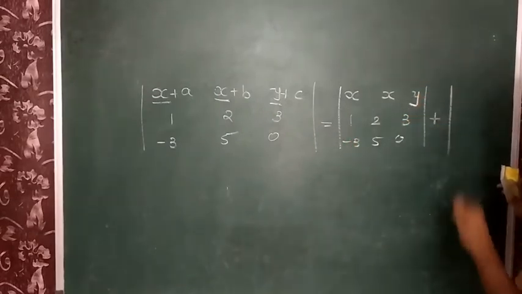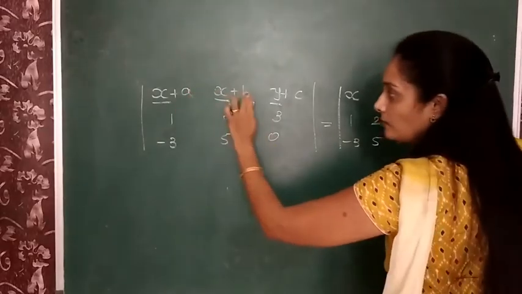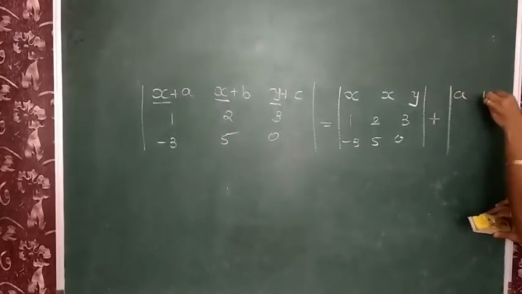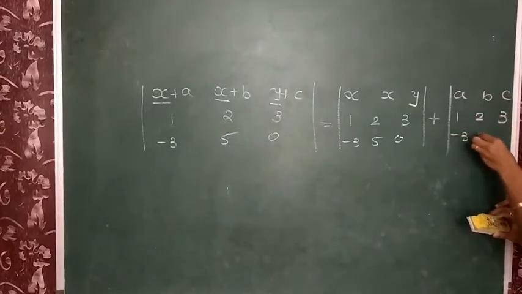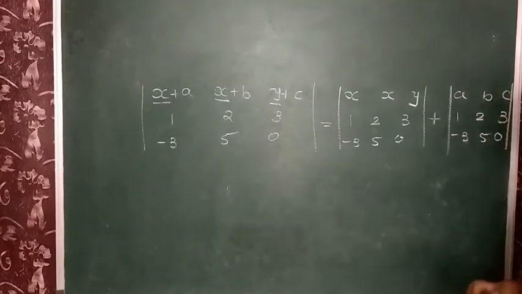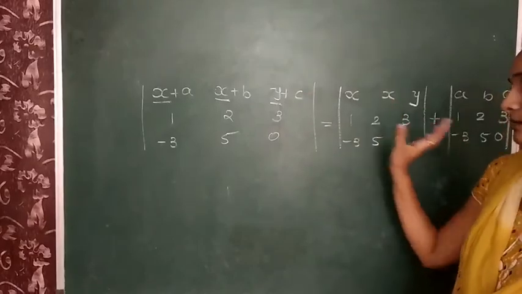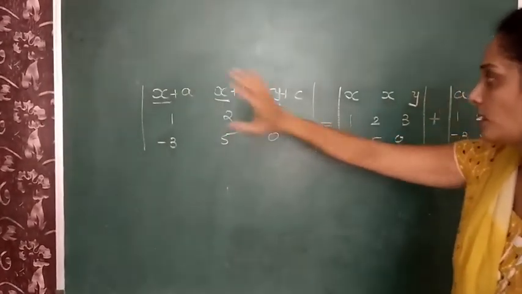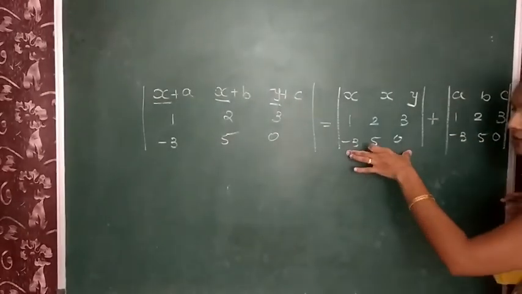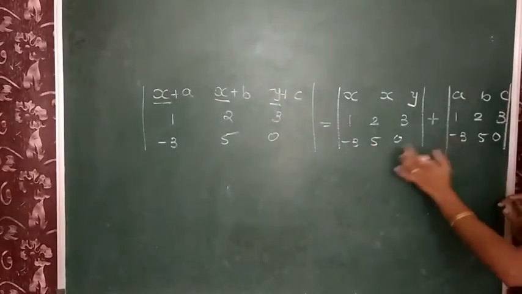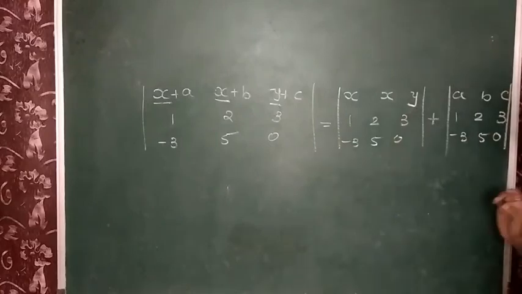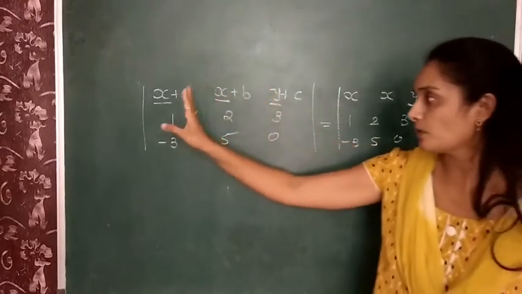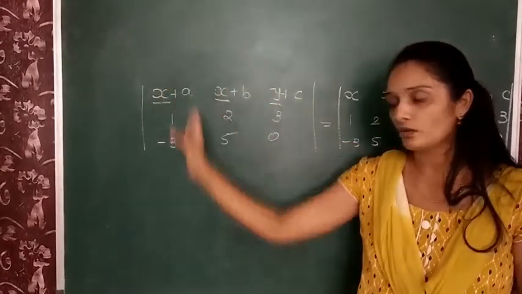Plus, now A, B, C, so I can write A, B, C, with the second and third rows as they are. If we solve this determinant and this determinant, and then add, the answer is the same. This property is also applicable to columns.